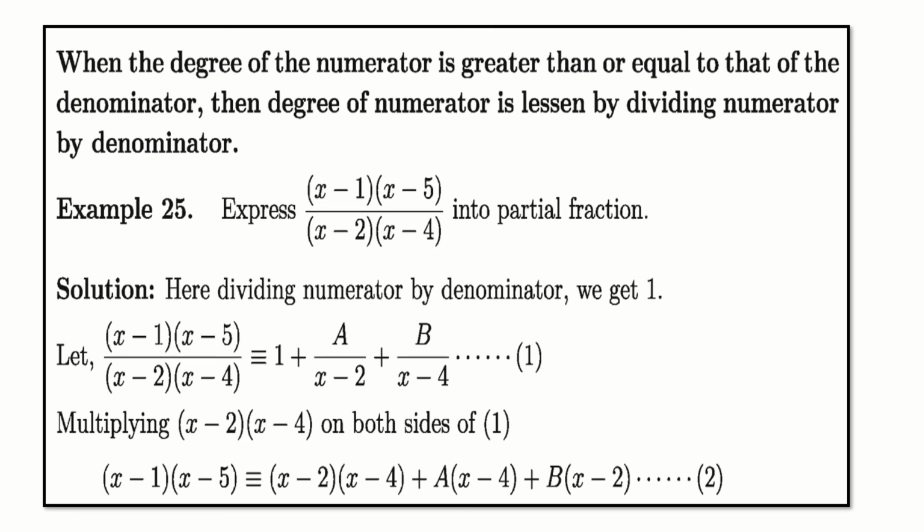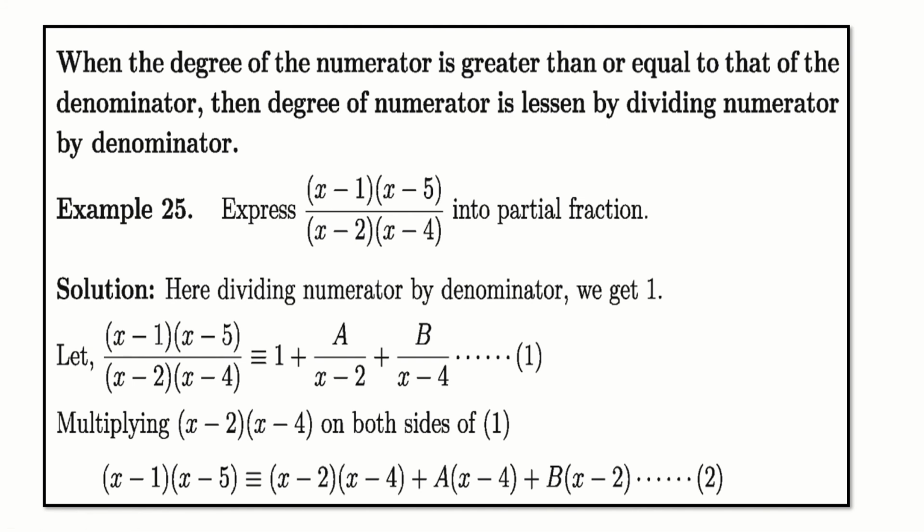Clear this part? But the given same process here, x minus 2, x minus 2. At first you have to follow the degree of numerator and denominator. As the degree of numerator and denominator are same, this is improper.